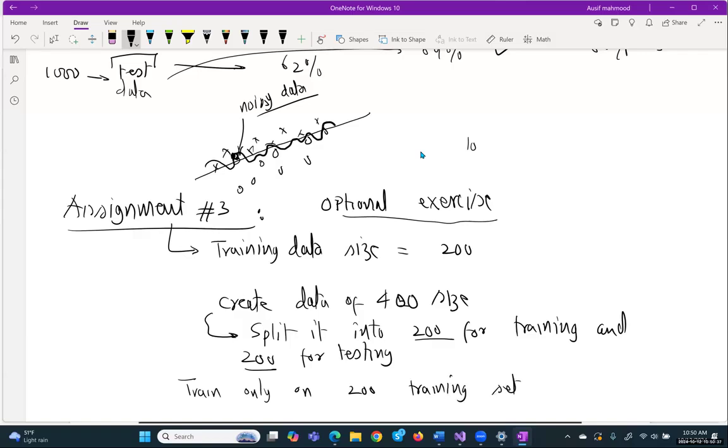So the 200 size that you already have, split the data in 2 parts, and just train on this one. Then test accuracy on the 200 test set.